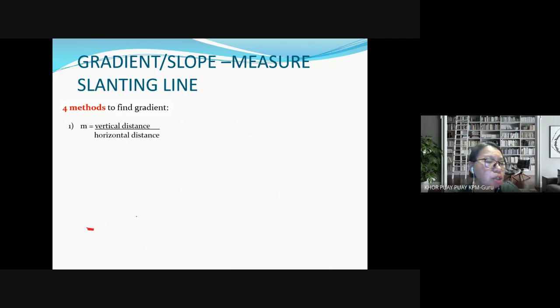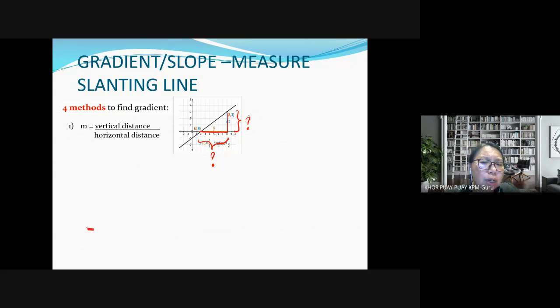The first one is if they give you a line, like this, what you do is form a right angle triangle, count how much is the vertical distance, berapa unit, and how much is the horizontal, berapa unit, and you divide.